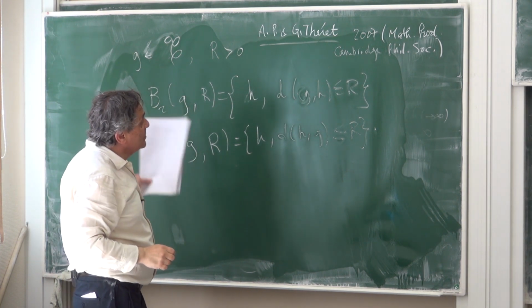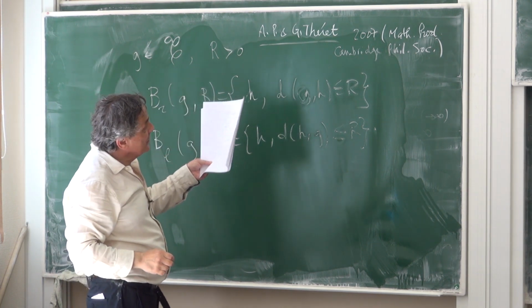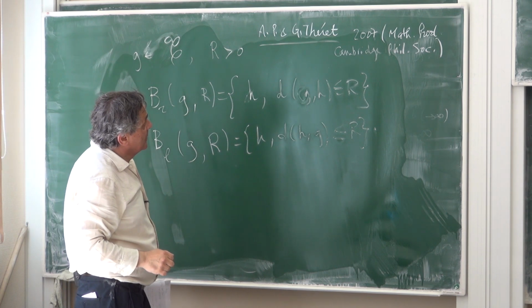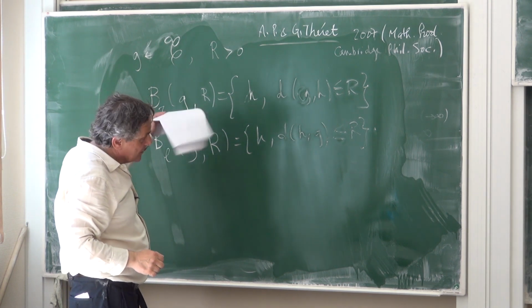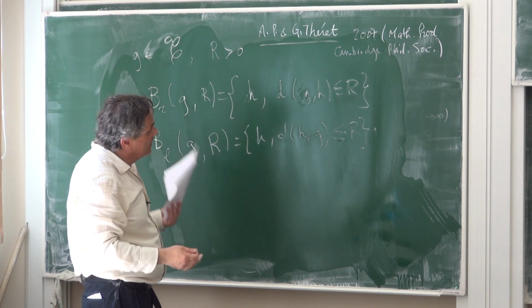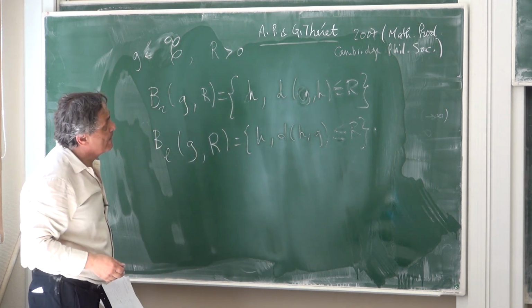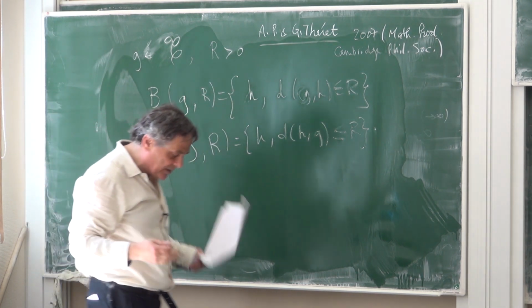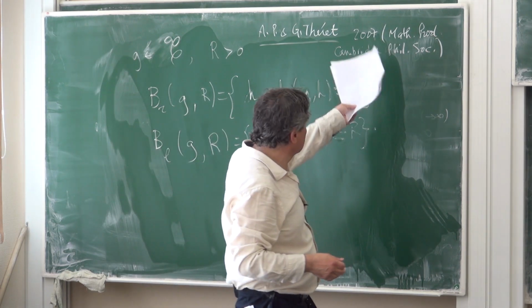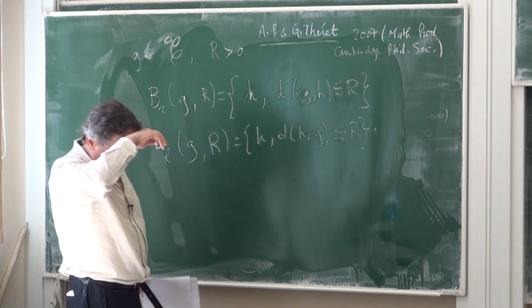The paper is called On the Topology Induced by Thurston's Metric, and it contains these basic results on its topology, which are expectable results, but again they need a proof, and this paper is maybe 20 pages long.